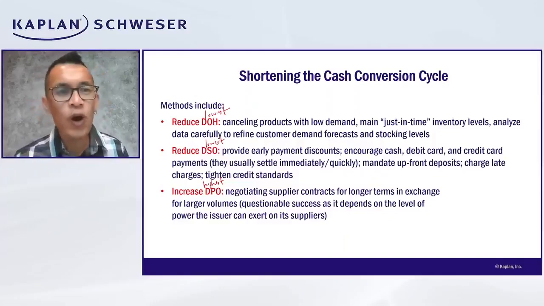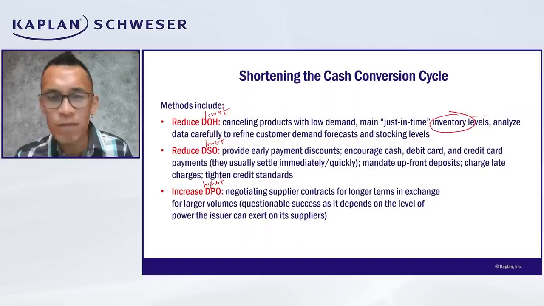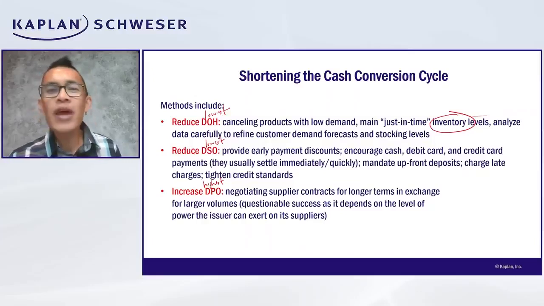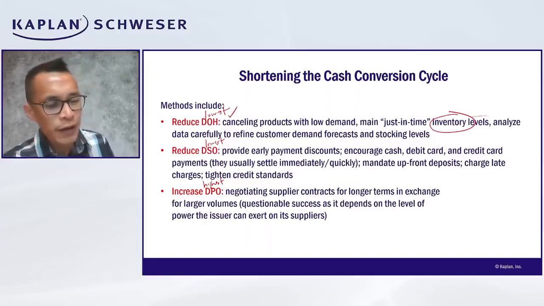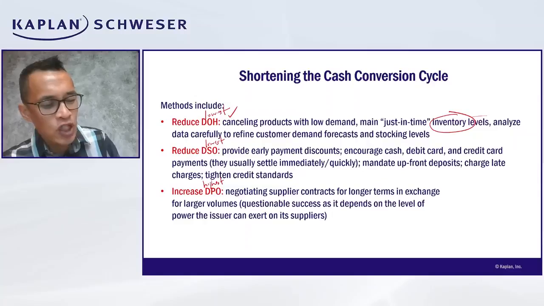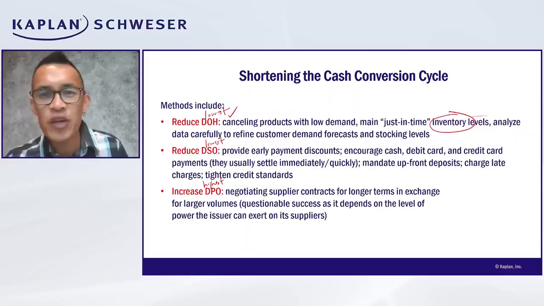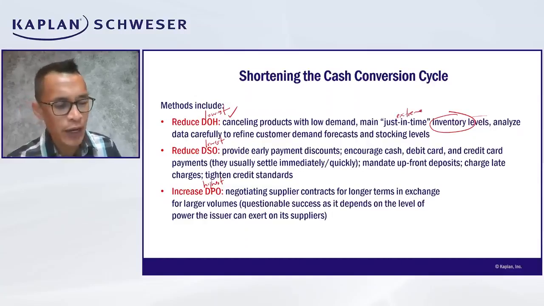The first one, which is, of course, your investment here in inventory, it would make sense, as I said, you want to keep the lowest amount of inventory on hand. So the extreme situation would be the just-in-time method here, where you basically keep no inventory and you order it in as you need it.